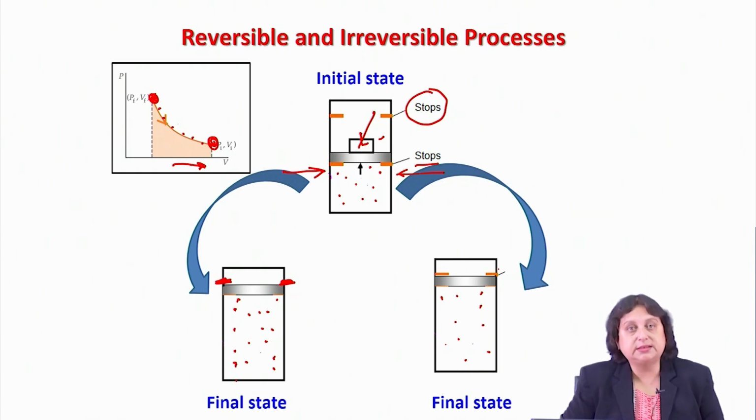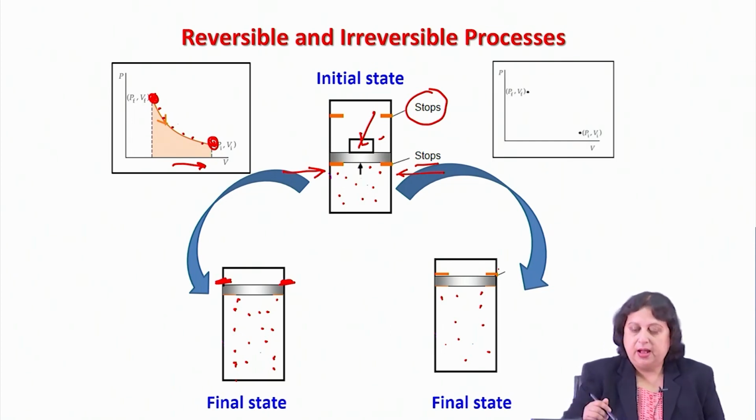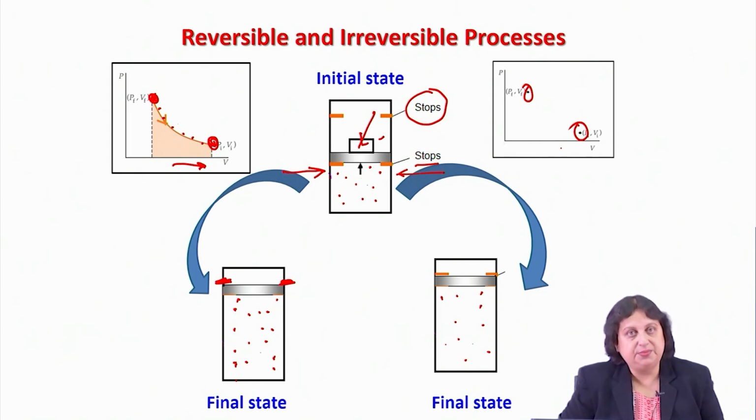In between, the system is thrown out of equilibrium. Therefore, in the PV indicator diagram, I will have only the initial and the final states, but not the intermediate states. That is because a PV indicator diagram usually plots only those values of P and V under this given isothermal condition when the system is in equilibrium.